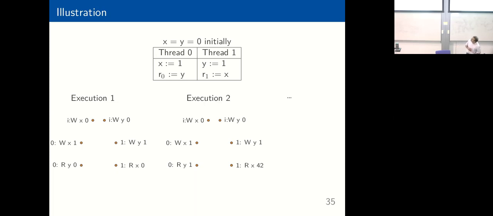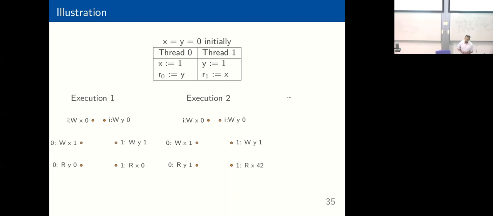And similarly on thread 1, there's a write event and a read event. So we take an execution. Well, also we have to do the initial state writes. And we take one of those, we have those events. So we write 0 to x, we write 1 to x, we read 0 from y. So we have those 6 events in execution 1.